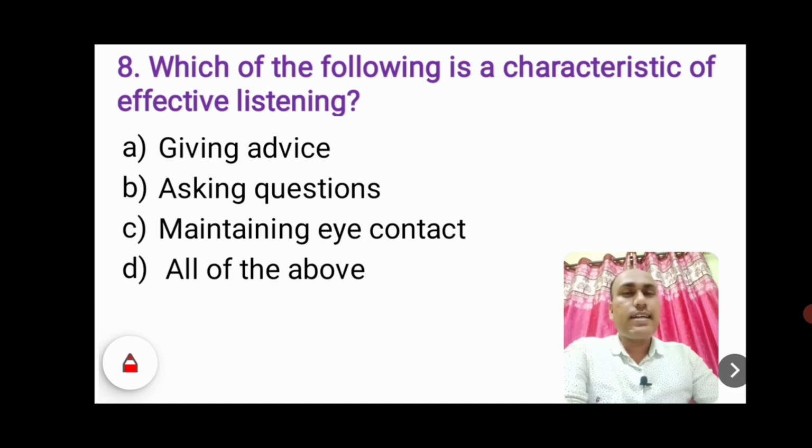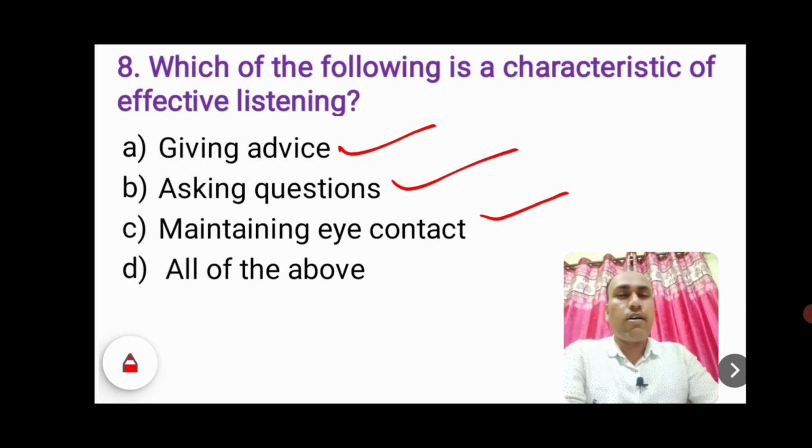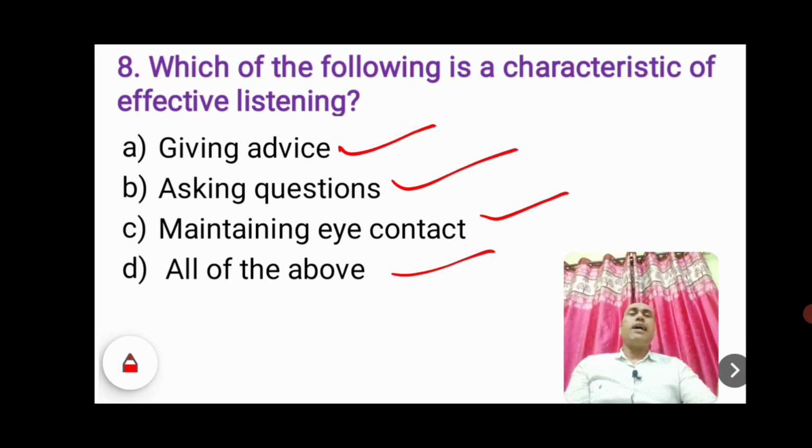Which of the following is a characteristic of effective listening? Effective listening is very essential during communication. So which of the following is a characteristic of effective listening? Giving advice, asking questions, maintaining eye contact, all of the above. So the answer will be all of the above, because effective listening includes giving advice also.